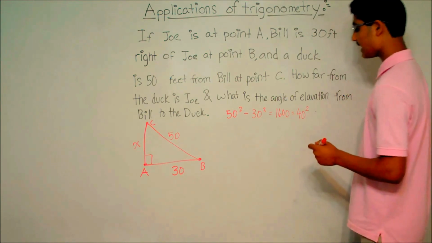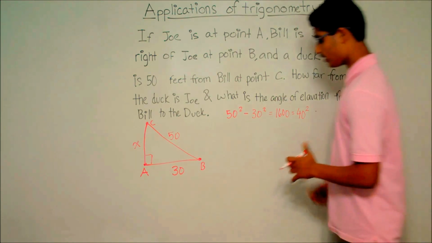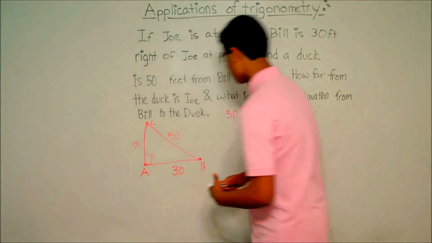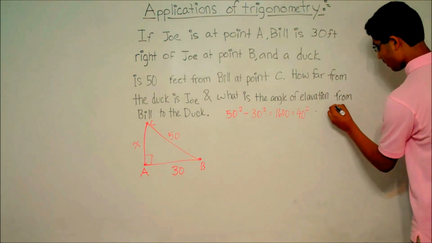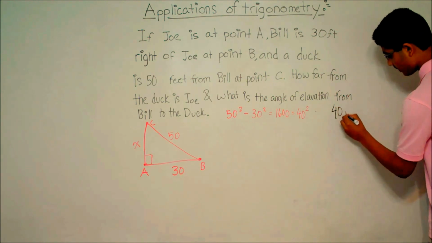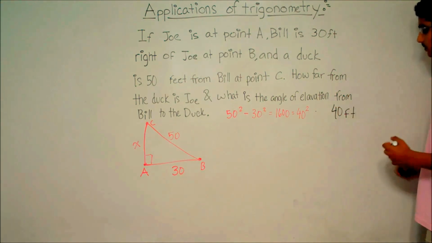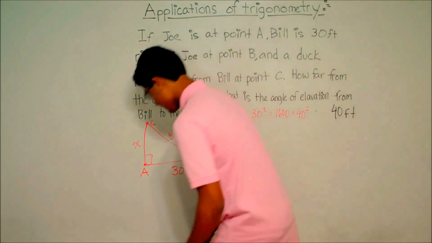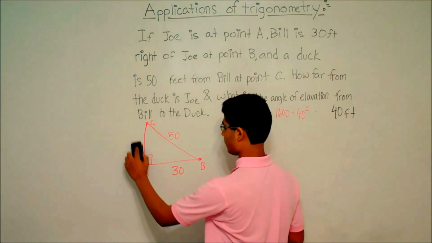So that means that x is equal to 40. So the answer to the first part of this problem is 40 feet. So now we know that this is 40 feet.